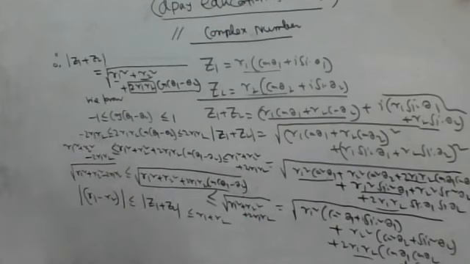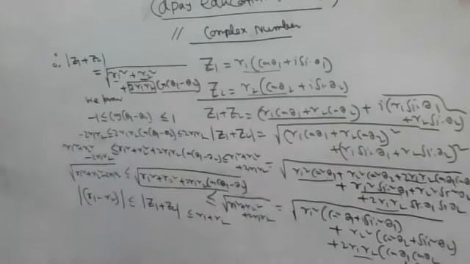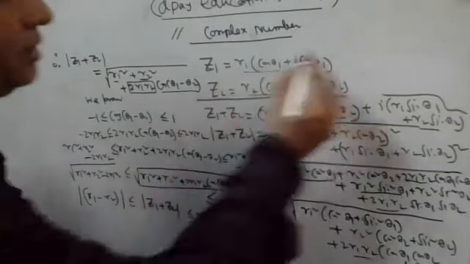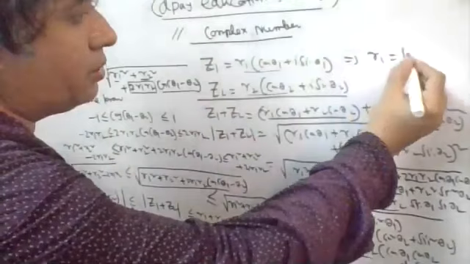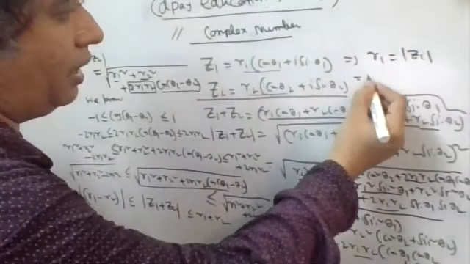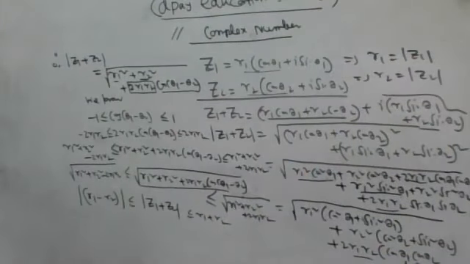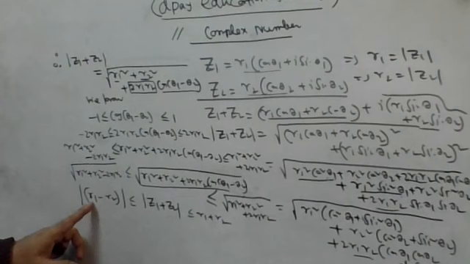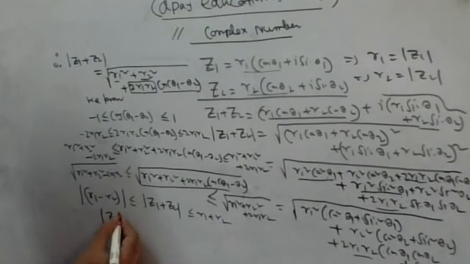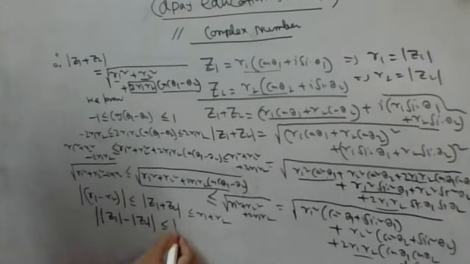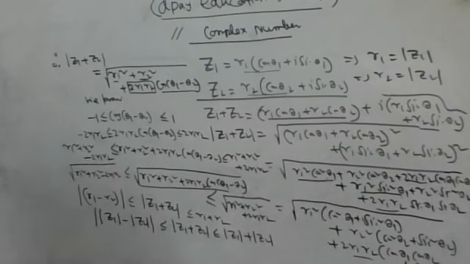Now, what is r1? That you know, this means r1 is equal to mod z1 and r2 is equal to mod z2. So instead of r1, I will put mod z1, mod z2 whole mod, less than or equal to mod z1 plus z2, less than or equal to mod z1 plus mod z2.